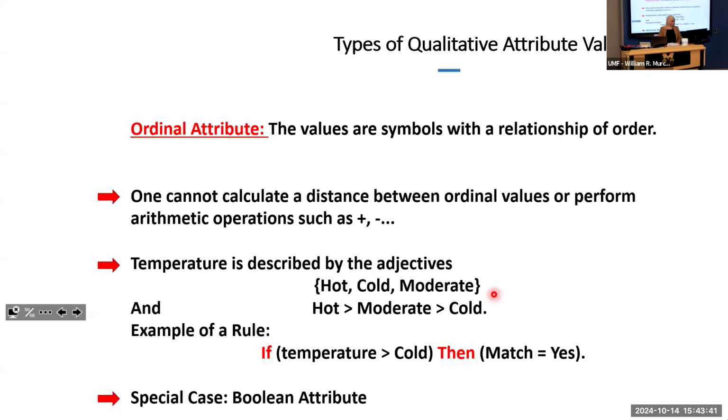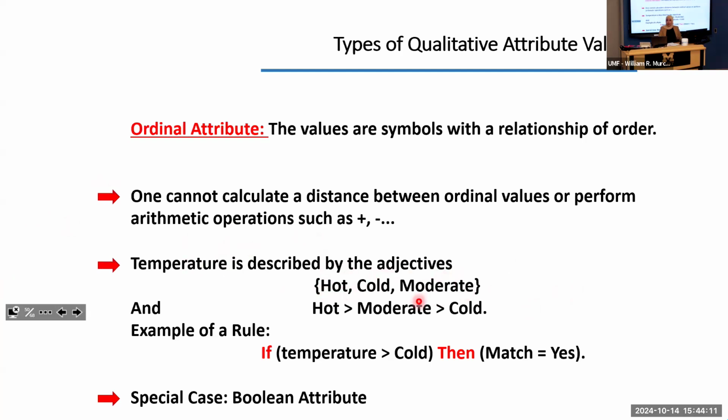And next, still within the qualitative attributes, we have the ordinal attributes, which means they are still qualitative, not numbers, okay, but on the other hand, there is an order relationship between them, even though they are not numbers. If, for example, I give you the temperature, it could be hot, cold, or moderate.